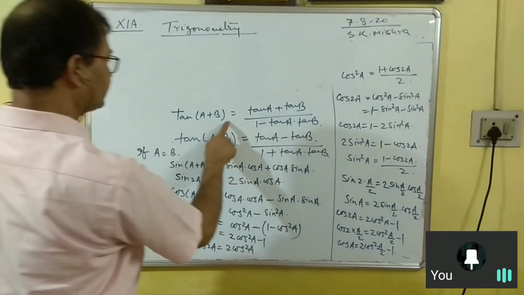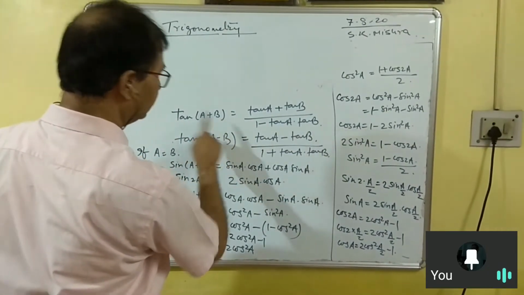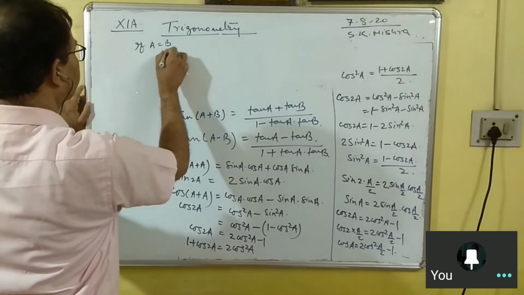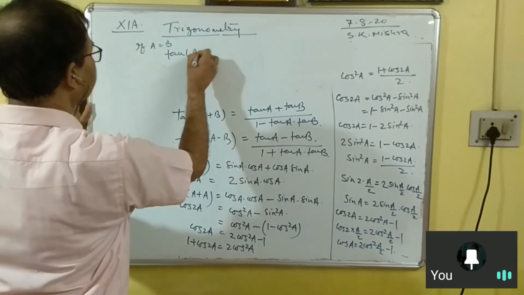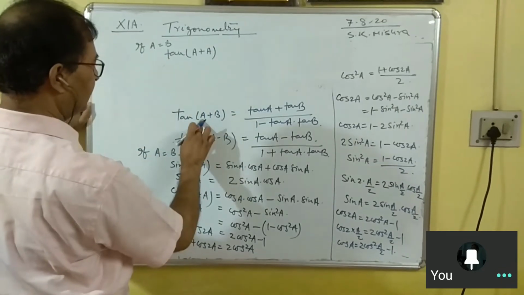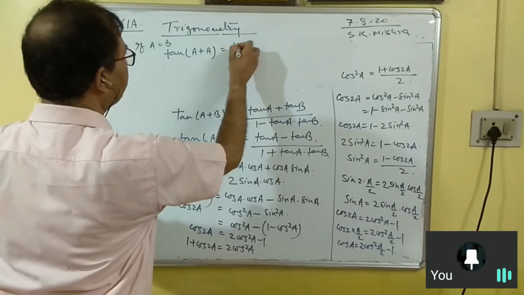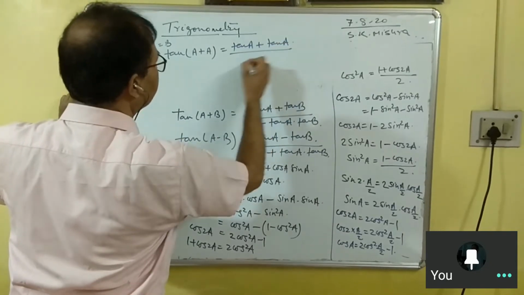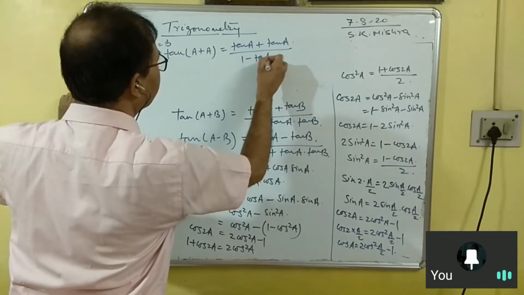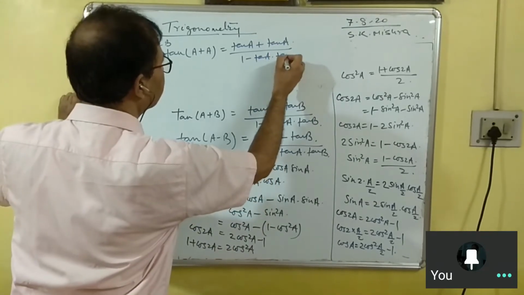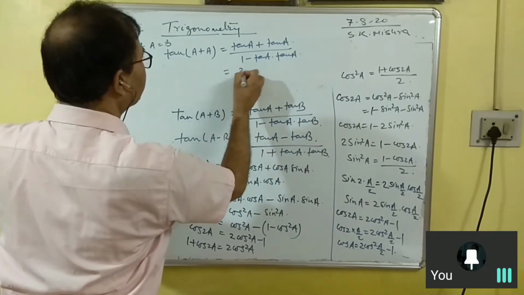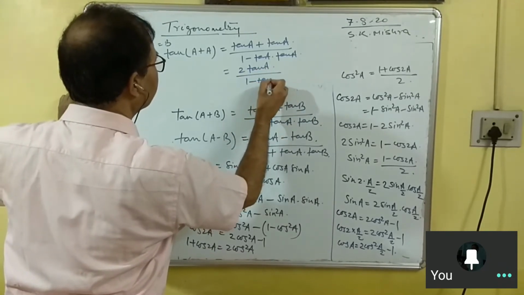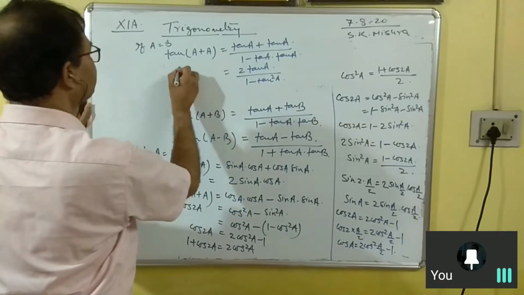See, tan A plus B. The moment you put A equal to B, then what is tan A plus B? It is tan A plus tan A divided by 1 minus tan A into tan A, so the numerator is 2 tan A and the denominator is 1 minus tan square A. And this side it is tan 2A.